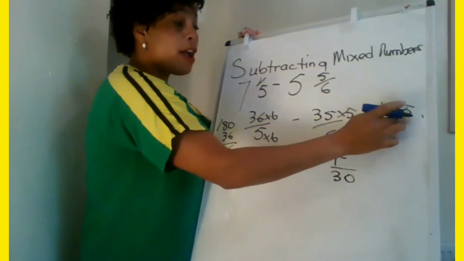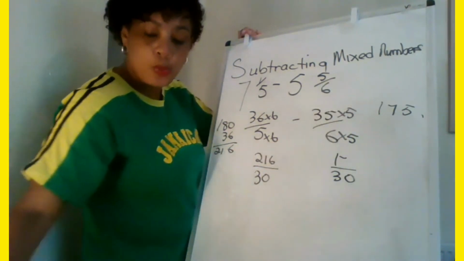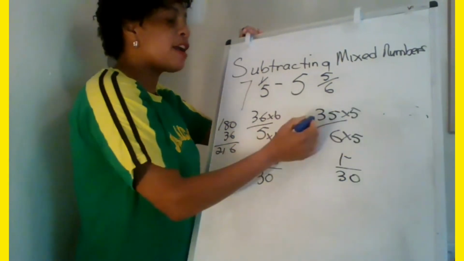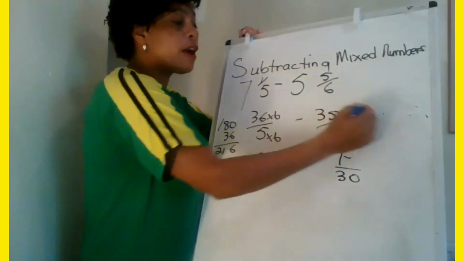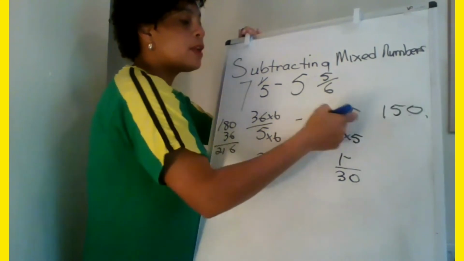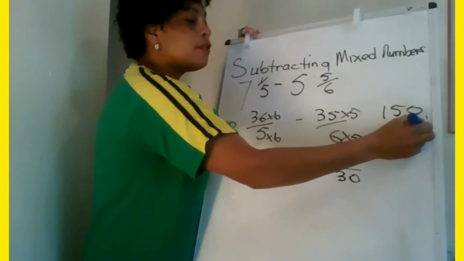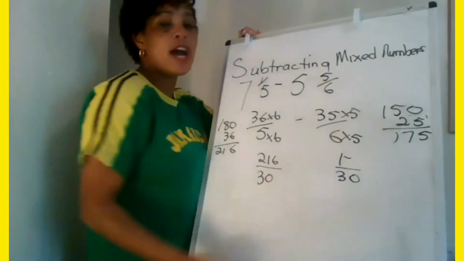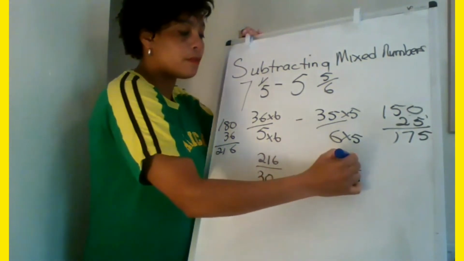Or to use that other method, I can say 5 times 3 is 15, so 5 times 30 is 150, and 5 times 5 is 25, to make it easier to multiply that way. I get 175.